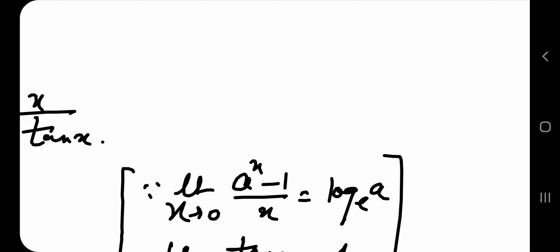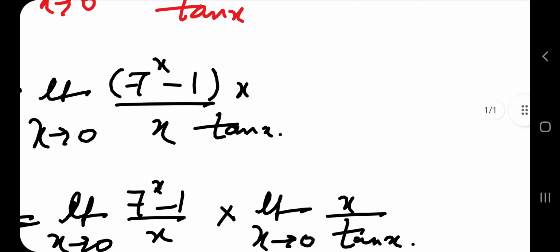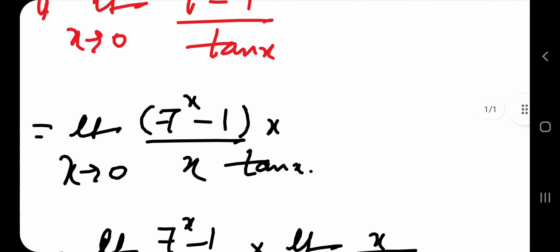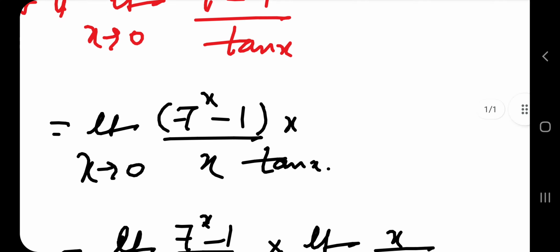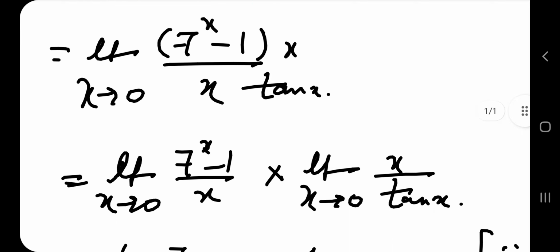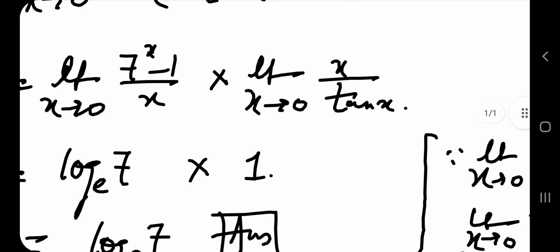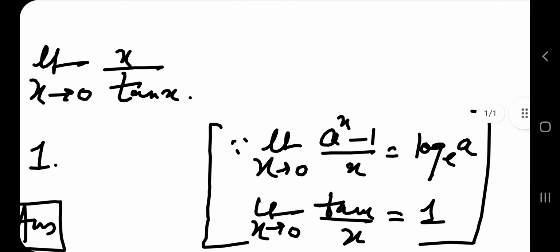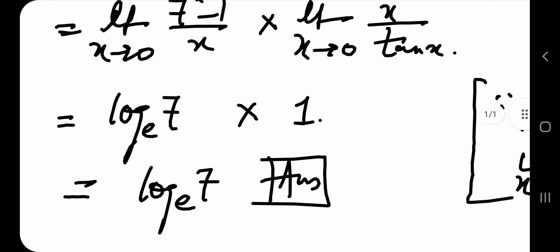So in the place of a, you can see 7 is there. What I need is x in the denominator. If I put x over here as a denominator, I have to multiply x above. So just put the limits separately, and then we get limit x tends to 0, x by tan x is 1, and this one, as the formula suggests, is log base e of 7. If you multiply, you'll get log e 7.